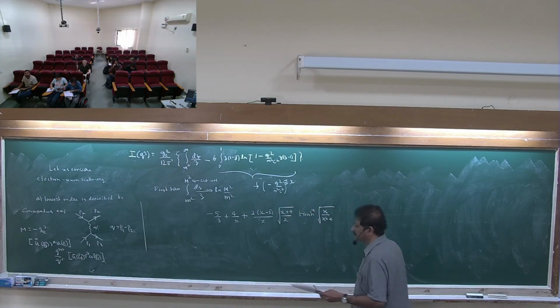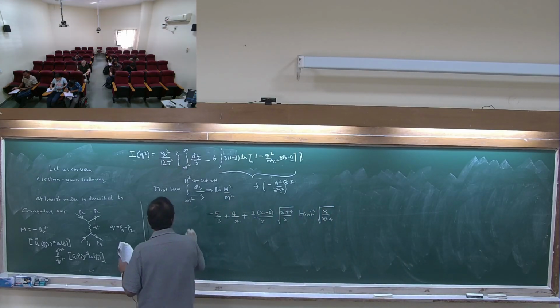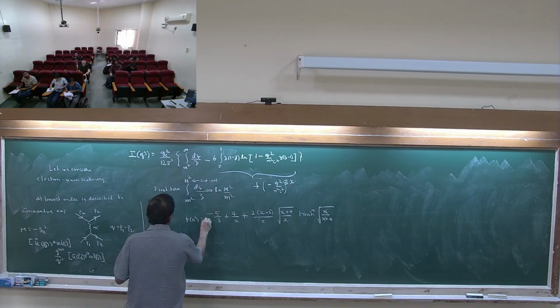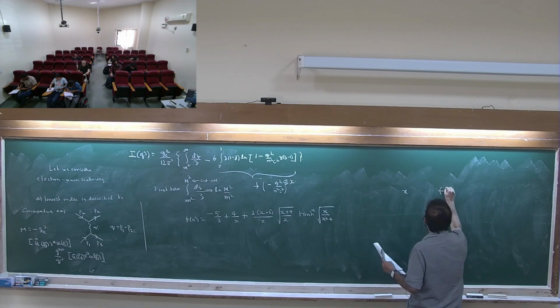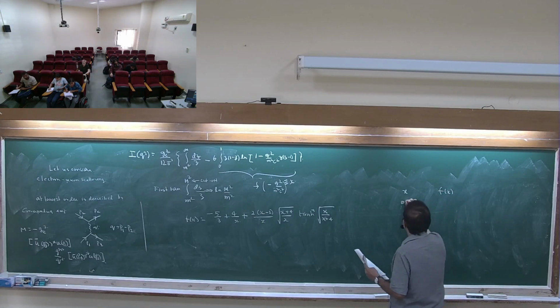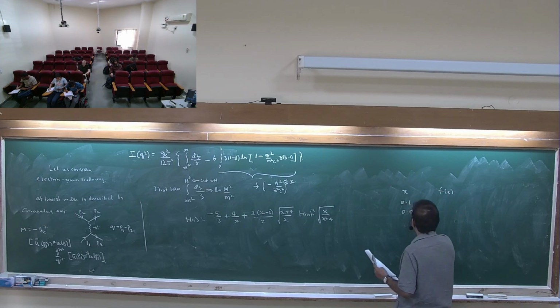So this is our f of x, right? So let's make a table. x, f of x: 0.1, 0.05, 0.01. Let's see what it gives.